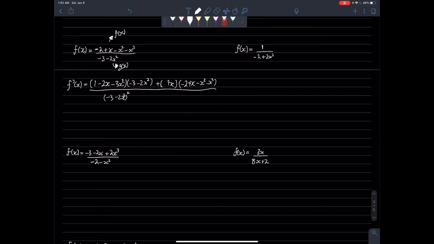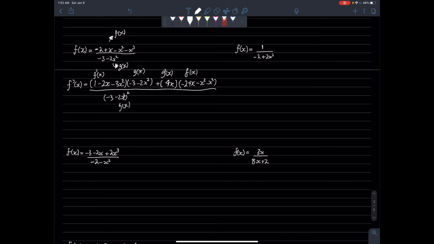So actually let's identify what's what first. So this would be f prime of x, g of x, this is 4. This would be g prime of x, f of x, g of x.